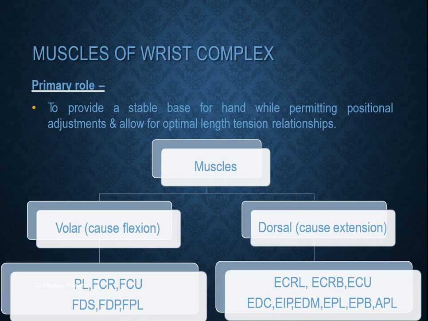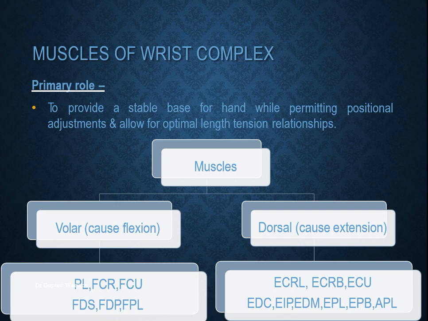Next are the dorsal wrist musculatures. The dorsum of the wrist complex is crossed by the tendons of nine muscles. Three of the nine muscles are the primary wrist muscles, that is extensor carpi radialis longus, extensor carpi radialis brevis, and extensor carpi ulnaris. The other six are the fine finger and thumb muscles that may act secondarily on the wrist.